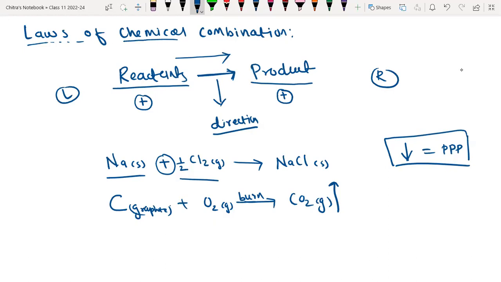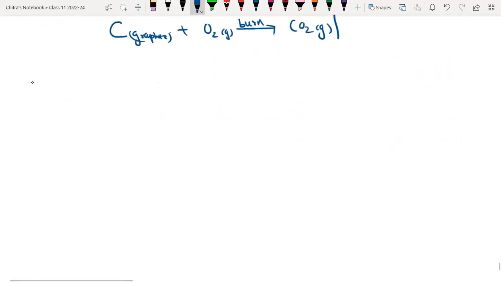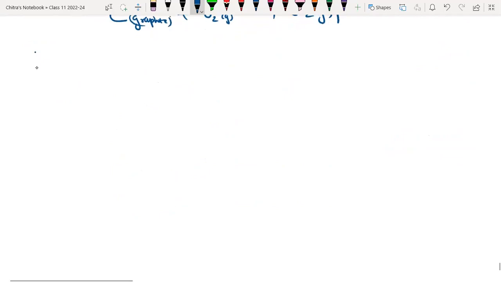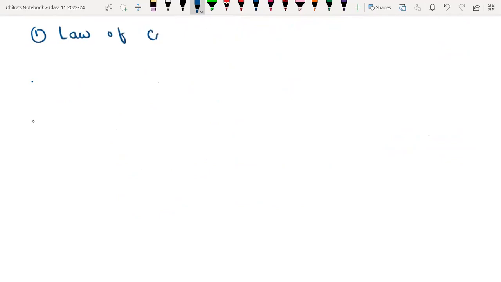In chemistry, we have a total of 5 laws of chemical combination, out of which first we learn the law of conservation of mass.